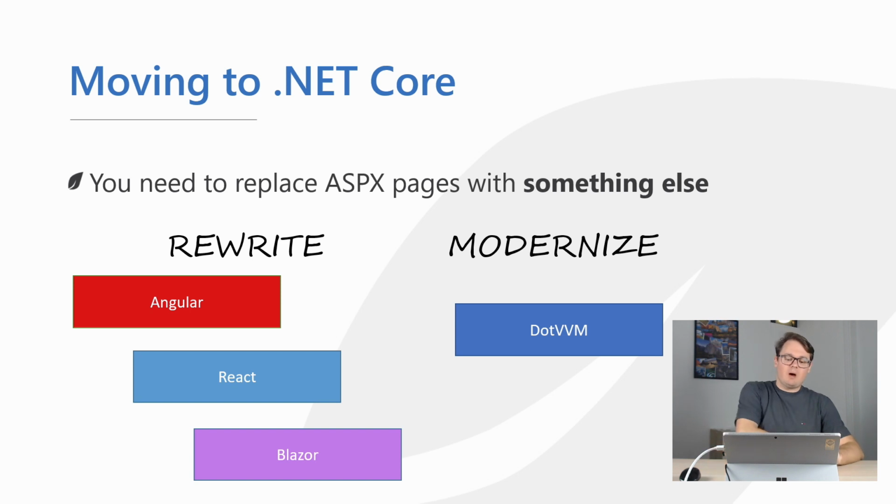And it can be a bunch of technologies. It can be Angular, it could be React, Blazor is very popular these days. And if I would think about a rewrite, I would be looking maybe at Angular, React, or maybe Blazor, because this is a fundamental change.